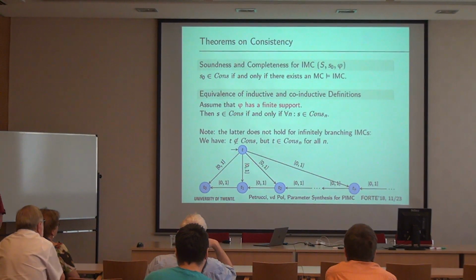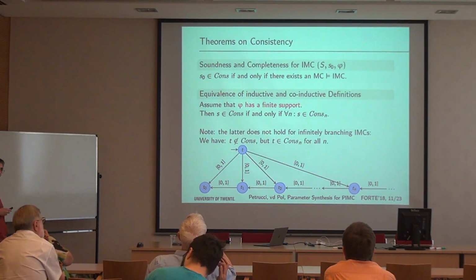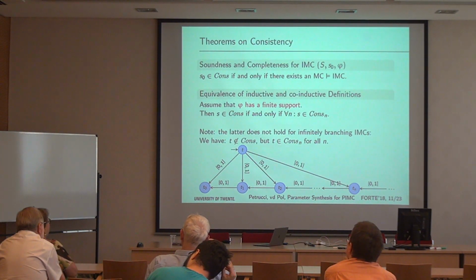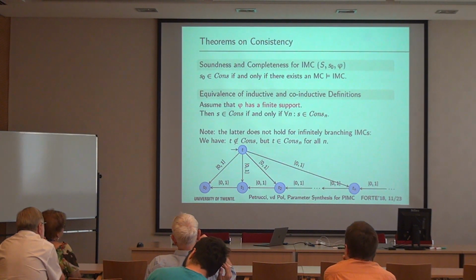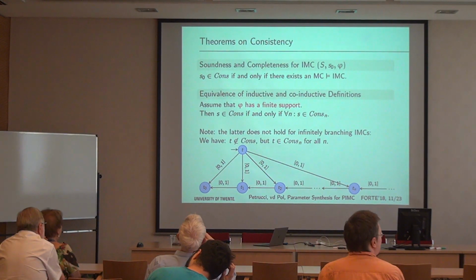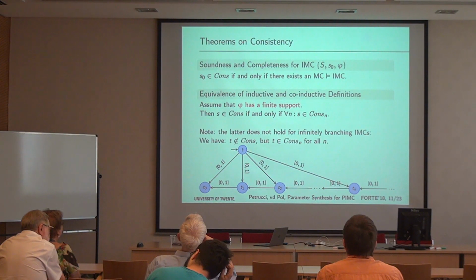Does this mean that the least fixed point and the greatest fixed point are the same? I'm really not sure what the least fixed point would mean in the case of consistency. It seems that the union of cons sub n is a kind of least fixed point.